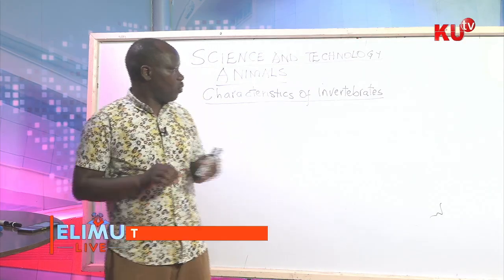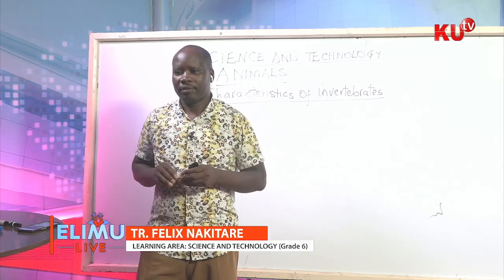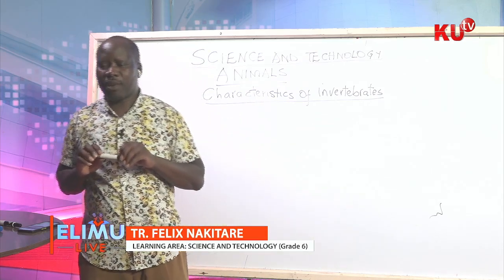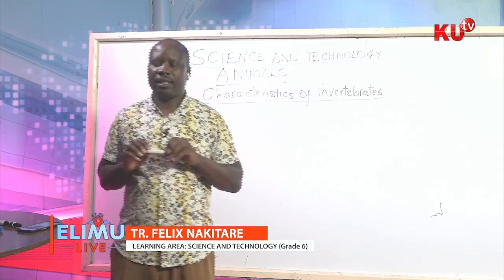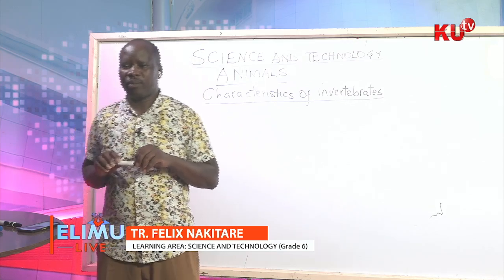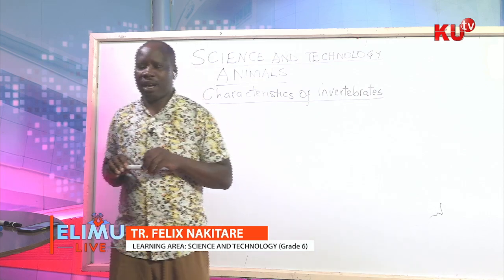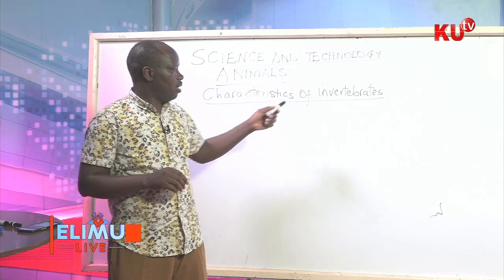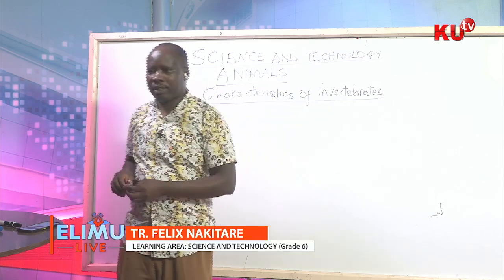But for invertebrates, what we are looking at today, as I've said, these are animals without backbones. And you can easily, without hurting them, bend or coil them to make a circular or a round shape. So those are what we refer to as invertebrates.